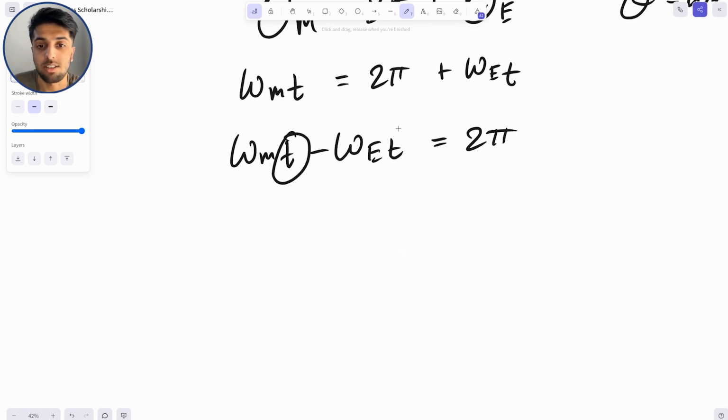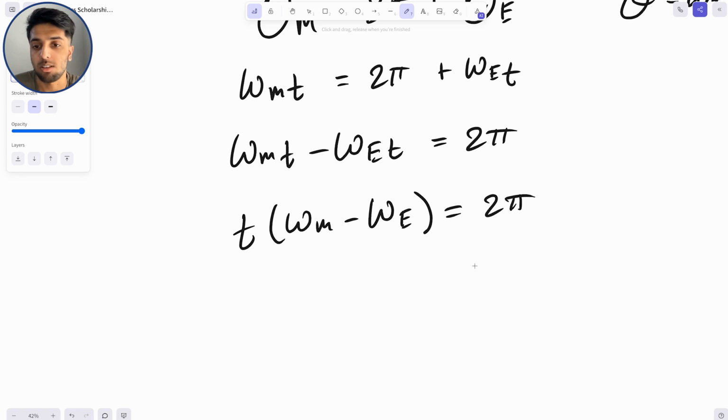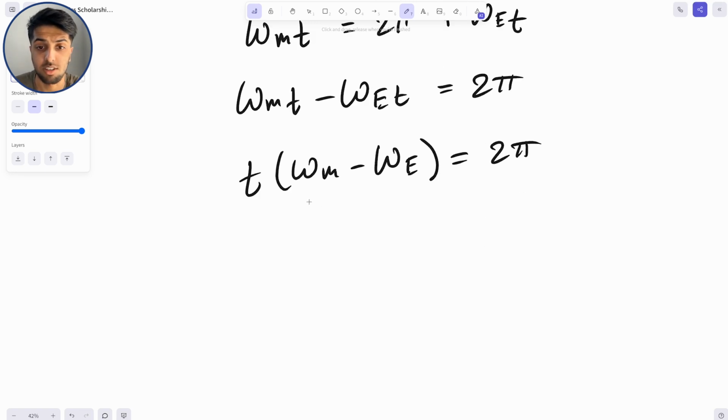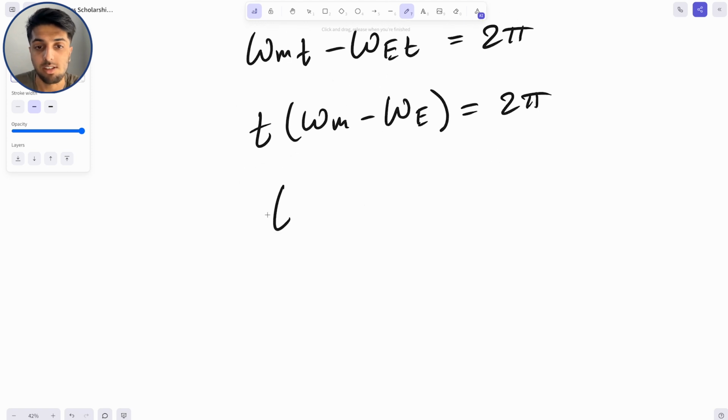Taking out t as a like term, we can get t times omega m minus omega e is equal to 2 pi. Then dividing both sides by omega m minus omega e, we get t is equal to 2 pi all over omega m minus omega e.